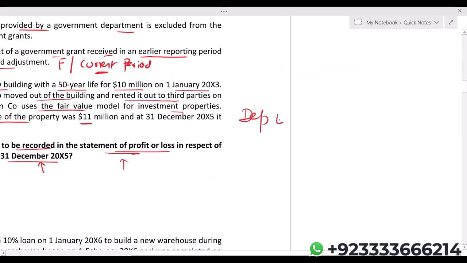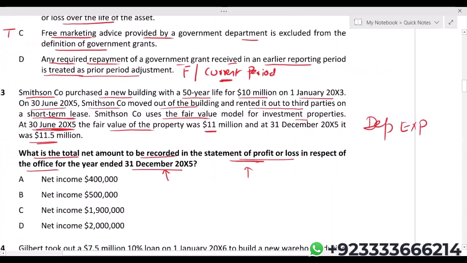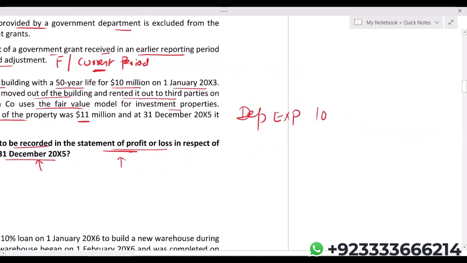Depreciation expense. First 6 months, that is from 1st January X5 till 30th June X5. 10 million, the useful life is 50 years. When we divide this by 50, we get annual depreciation, but we need only 6 months.